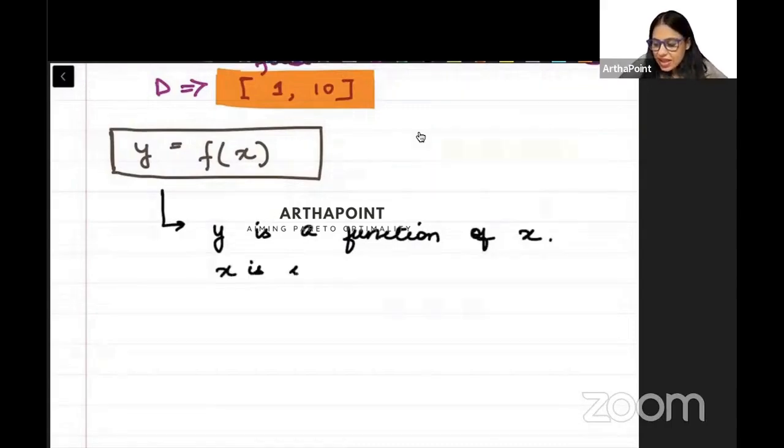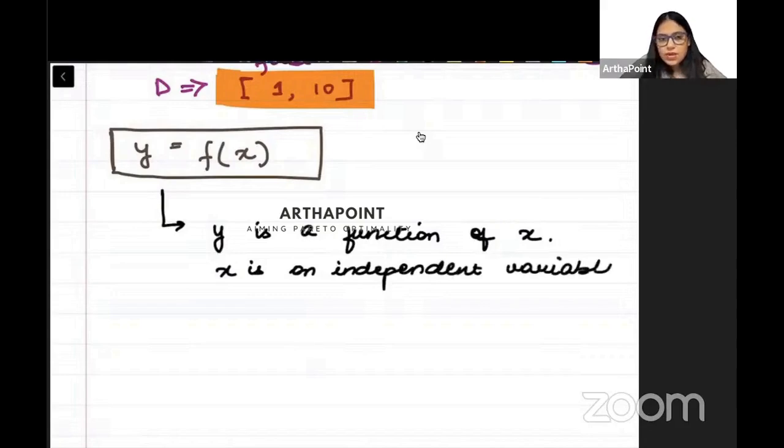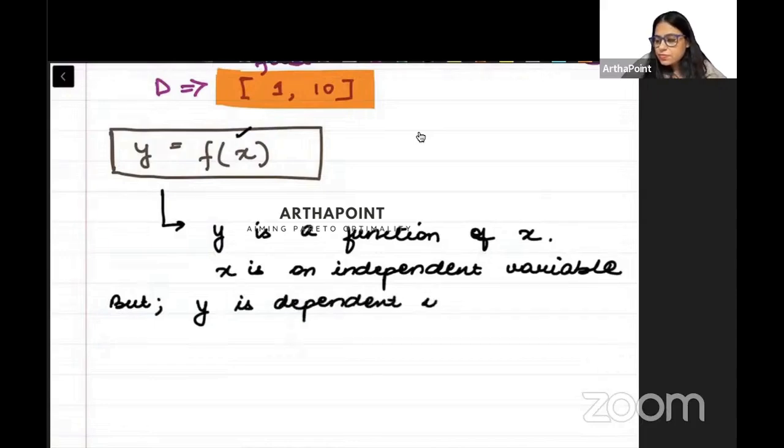X is an independent variable. X is independent, but y is dependent on the value of x.